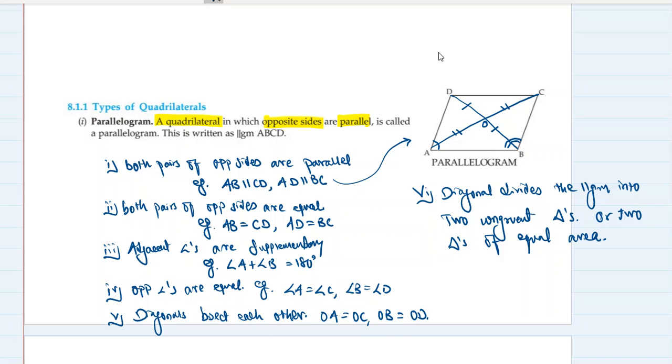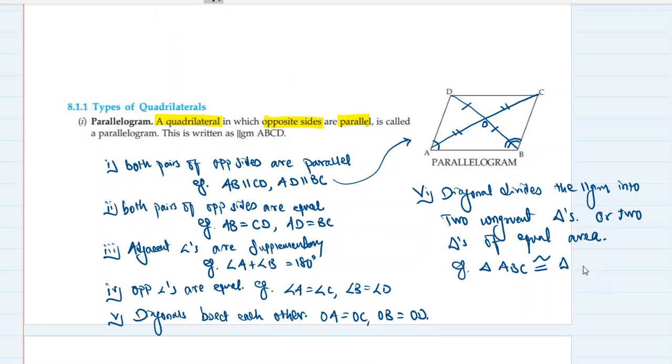That means triangle ABC is congruent to triangle ACD. Okay, ABC is congruent to ADC or ACD, whatever you want to write. Yes, correspondence matters. We have studied that, so we should always maintain that.